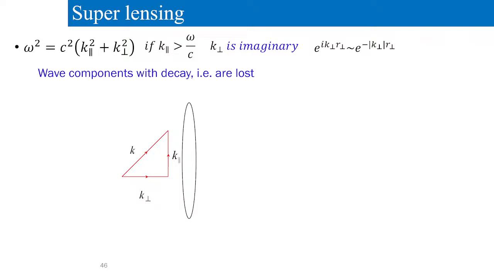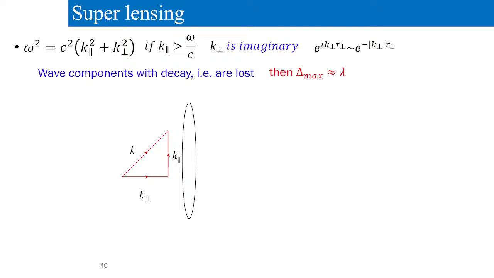Since this is an attenuating factor, the wave components corresponding to k perpendicular will decay; they are going to be lost during the focusing through the lens.